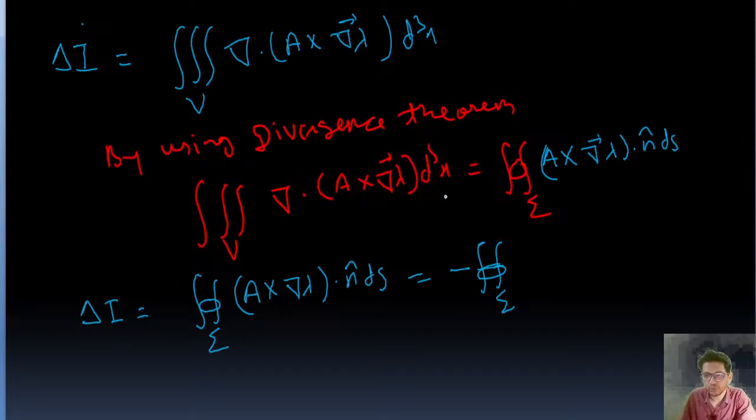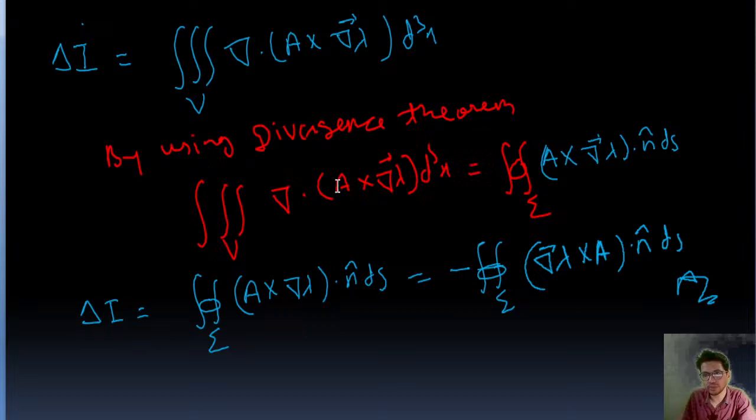So here we can change the sign, and there we can write gradient of lambda cross A. Since it's a cross product, there would be a minus because we are changing the position, dot n dS, and this is the answer.